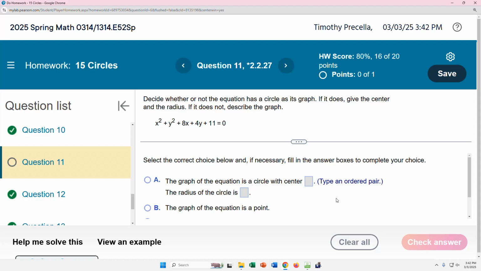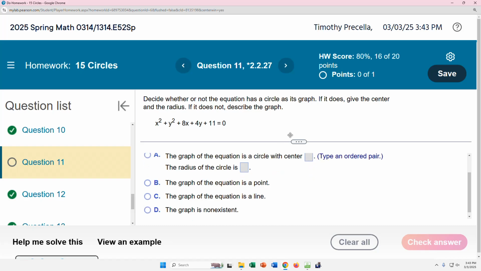X squared plus y squared plus 8x plus 4y plus 11 equals 0. Just tell me in general, you've run into this problem, you need to find the center and the radius. What am I going to do first?